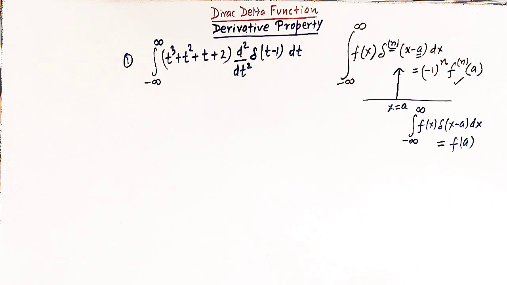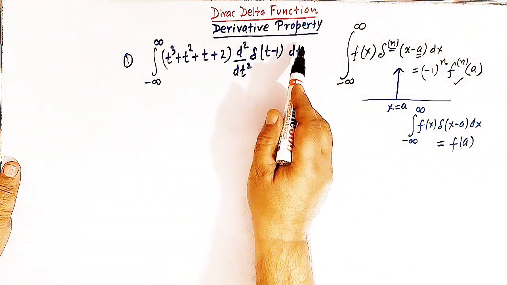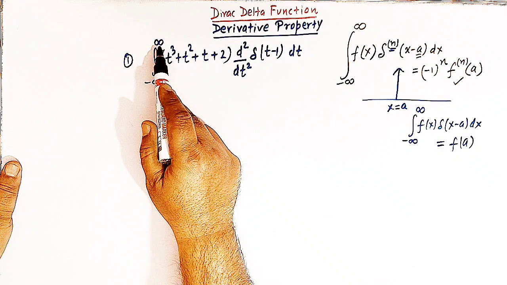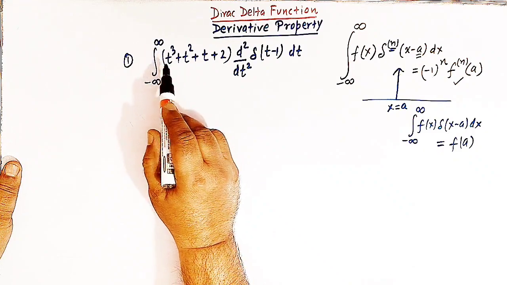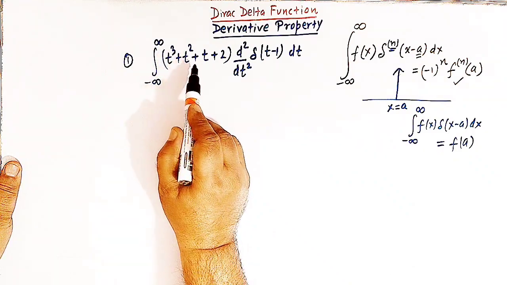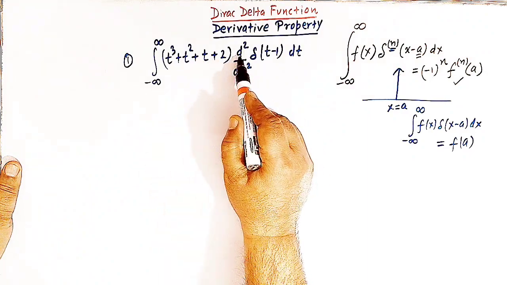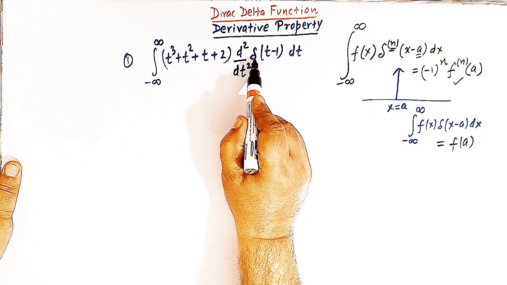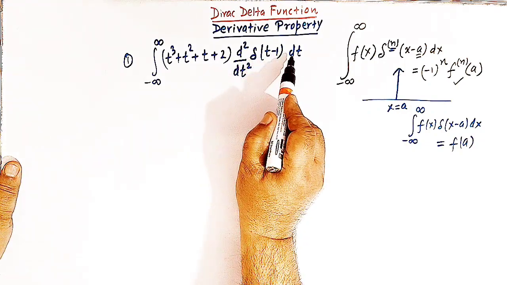So now consider this problem in which we have to evaluate this integral from minus infinity to infinity. We have t cube plus t square plus t plus 2, and the second derivative of delta function, that is d2 over dt2 of delta (t - 1) dt, right?